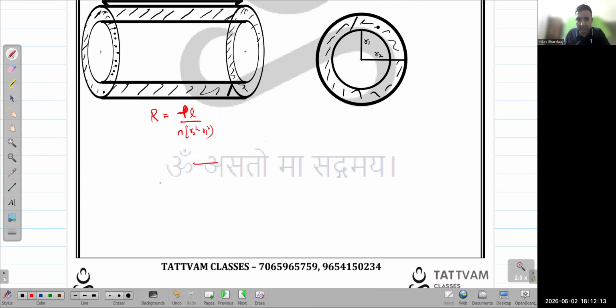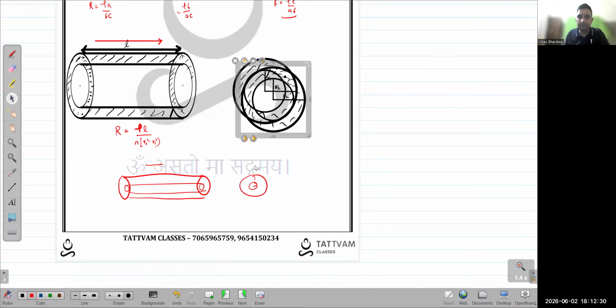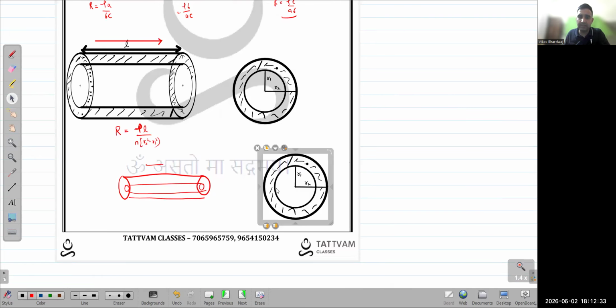One is that if we have this cylinder again, again with R1 and R2, but this time the current is going from inside to outward, like this. Yes, sir. So from here also the current is not in this one.